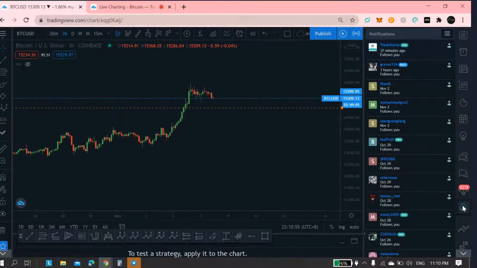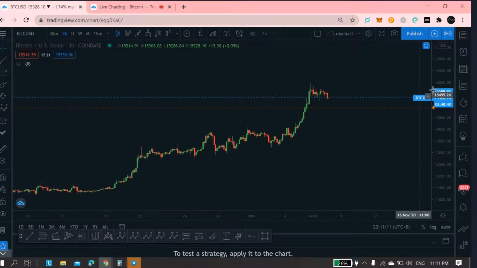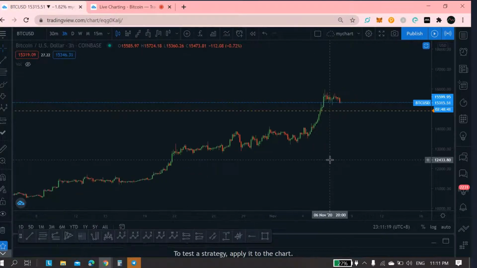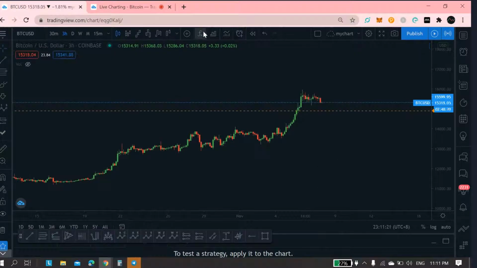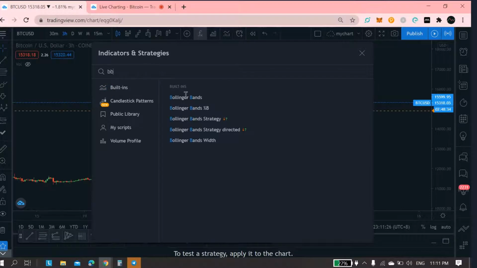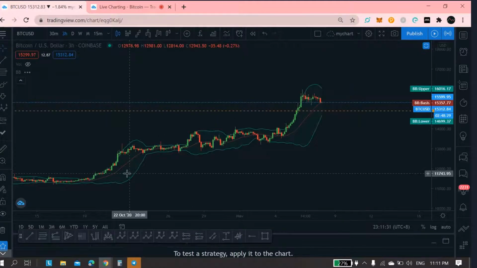What's this? Oh, scalping strategy for cryptocurrencies. Actually, for cryptocurrencies, I normally use 3 hours and 30 minutes for scalping. For it, I'm using the Bollinger Band as my indicator and the divergence indicator.